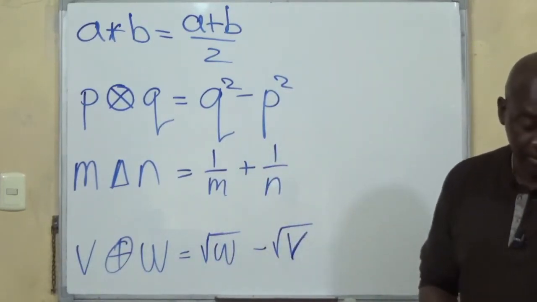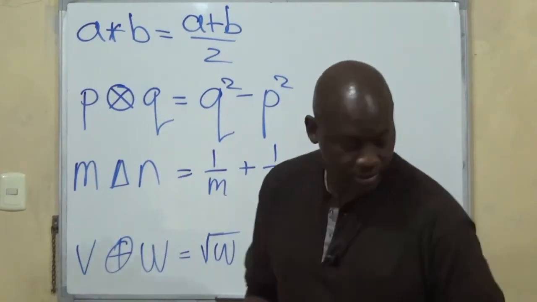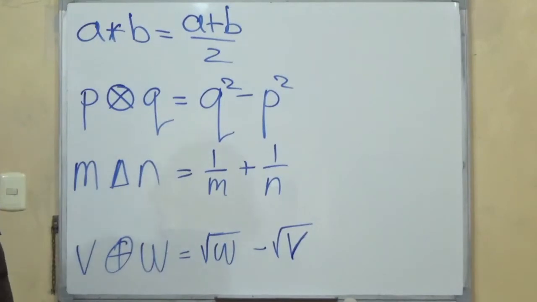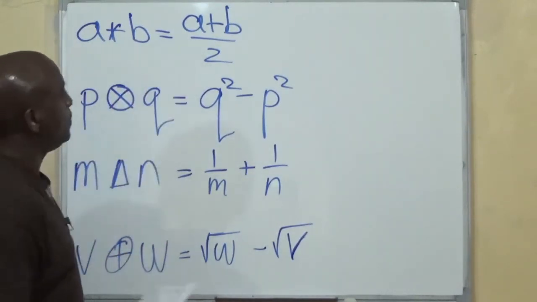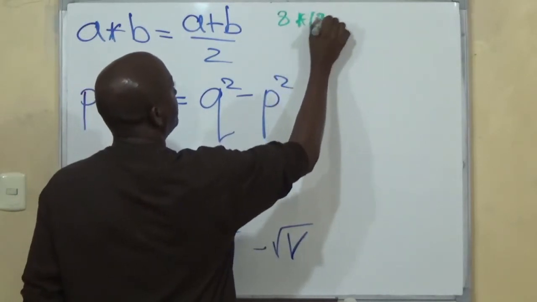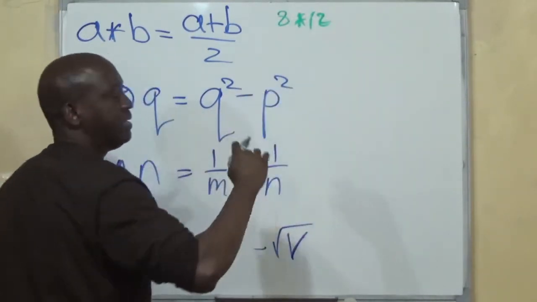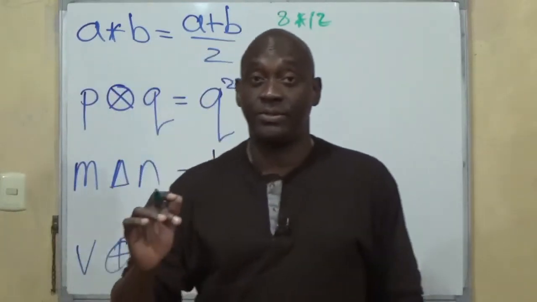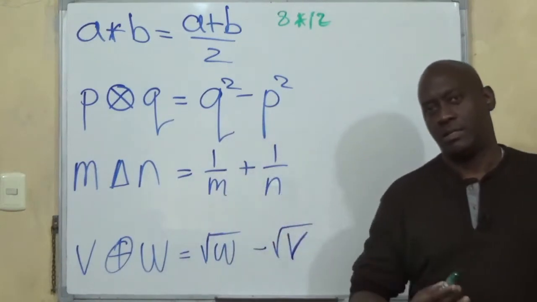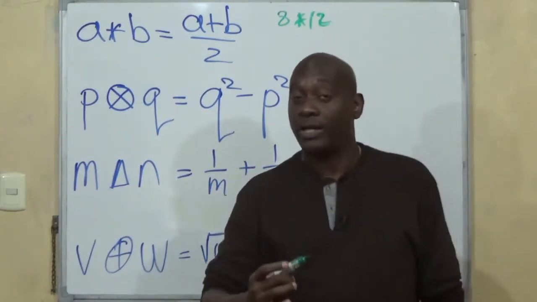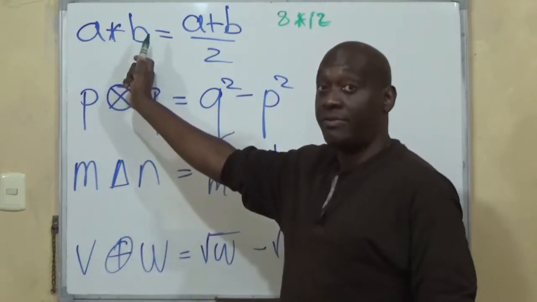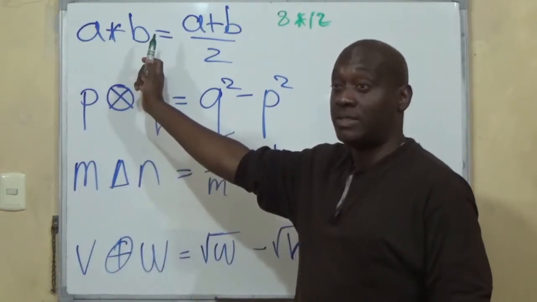So for example, if we want to say 8 star 12, I want to make this point very forcefully, that the order in which the values are written must subscribe to the order in which the variables are written. A and B variables, because the values could vary.